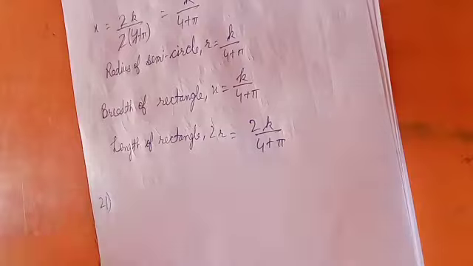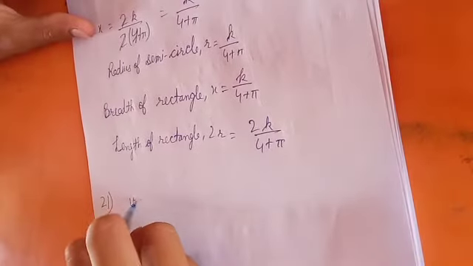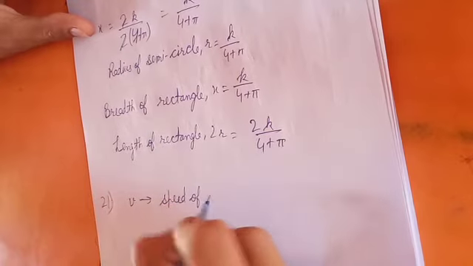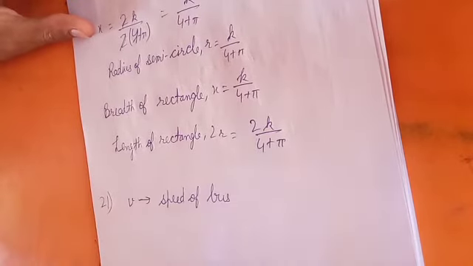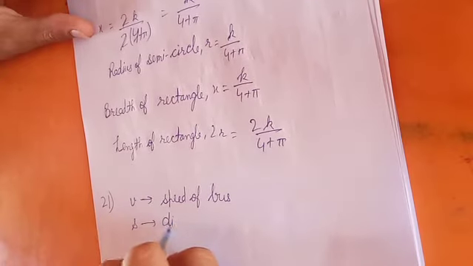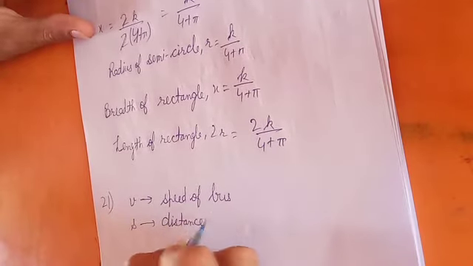Okay. So first of all, in question number 21, we can say that v is the speed of bus. S is the distance traveled.